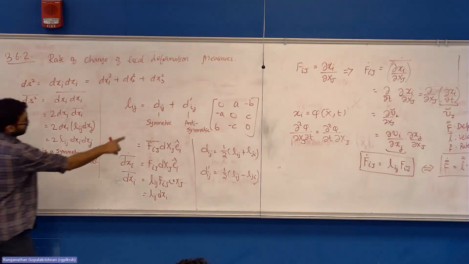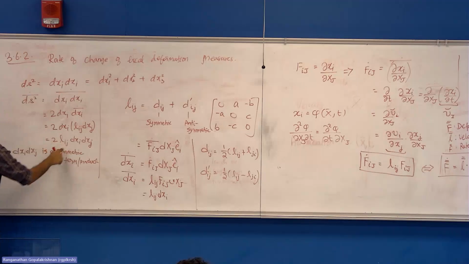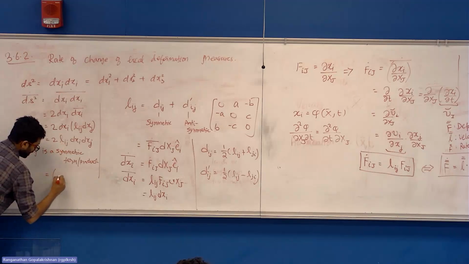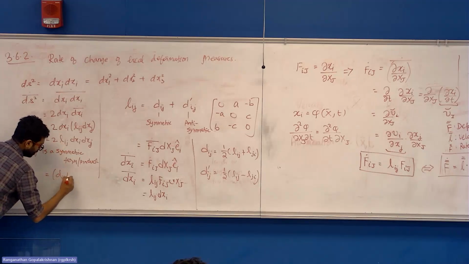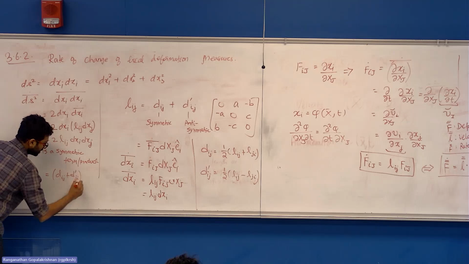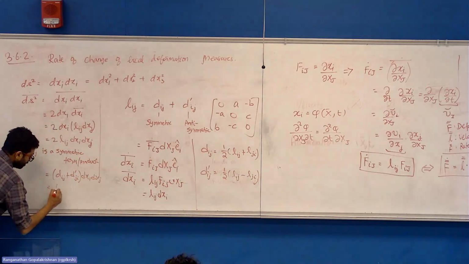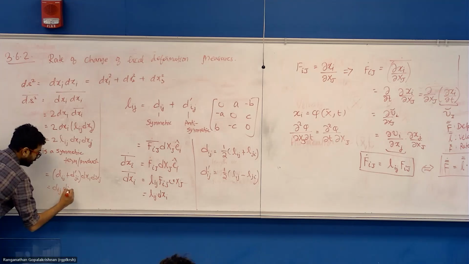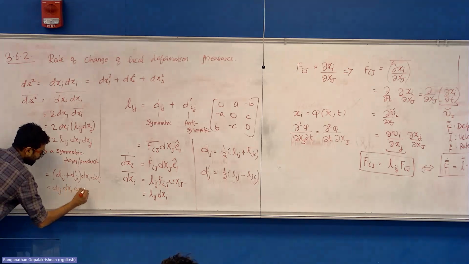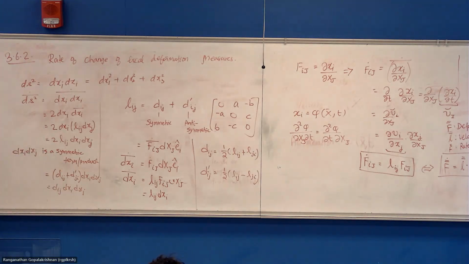So 2 times L_ij can be written as d_ij plus d dash ij times dx_i dx_j, and this is simply equal to d_ij dx_i dx_j, and the other just goes away.